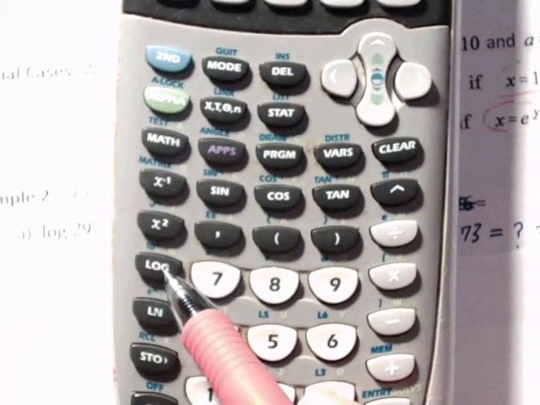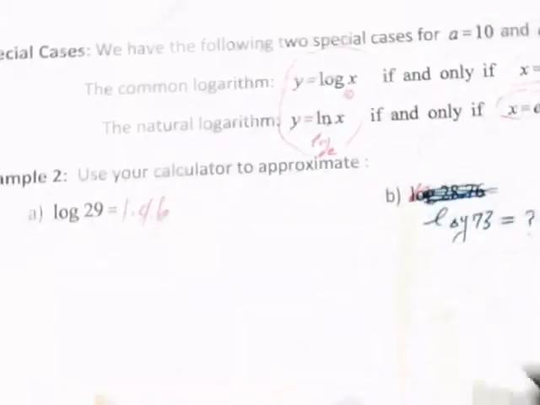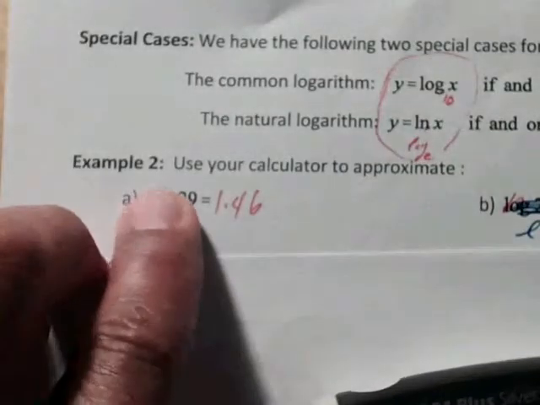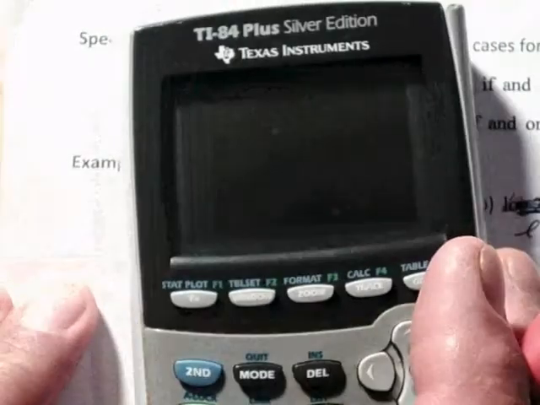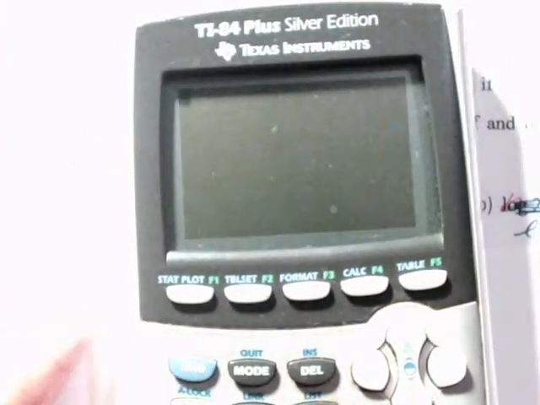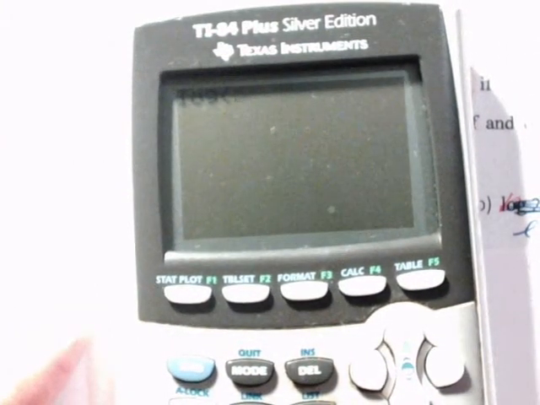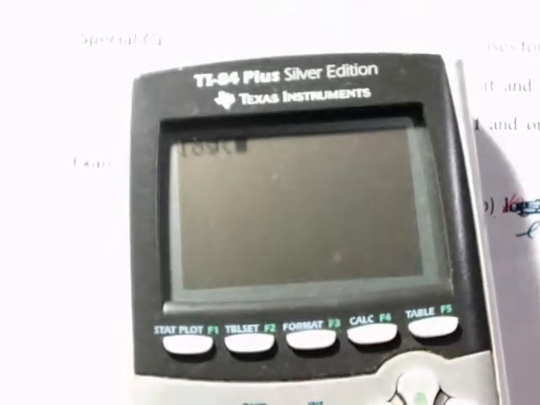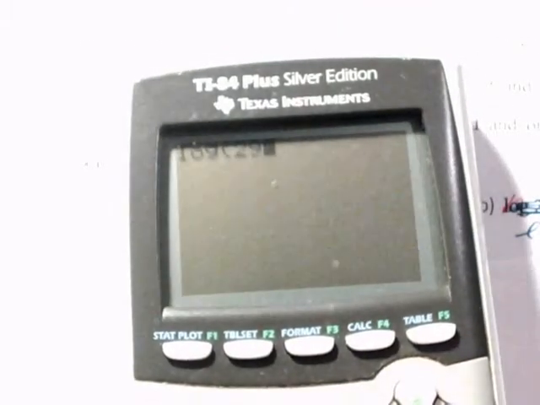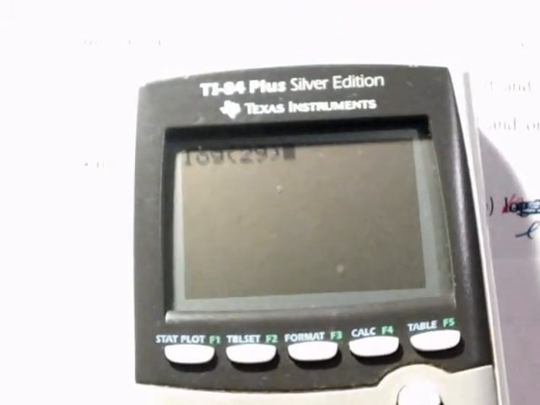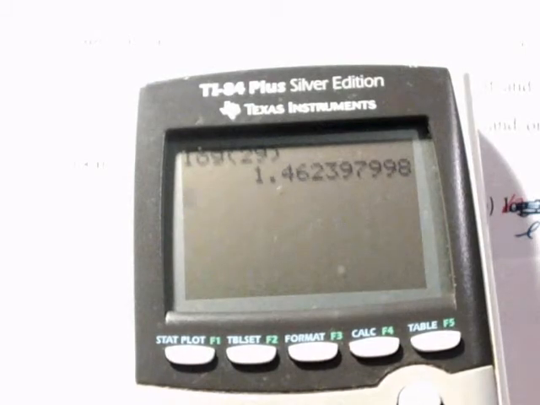That's common log base 10. So if you want to do log base 10 of 29, simply say log 29. You get approximately 1.46.